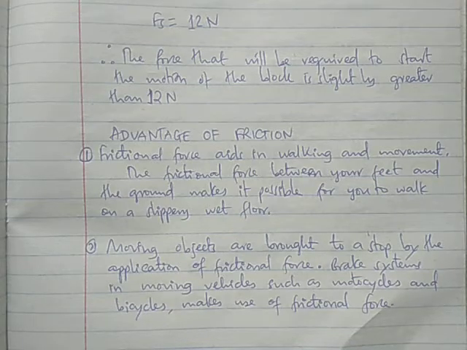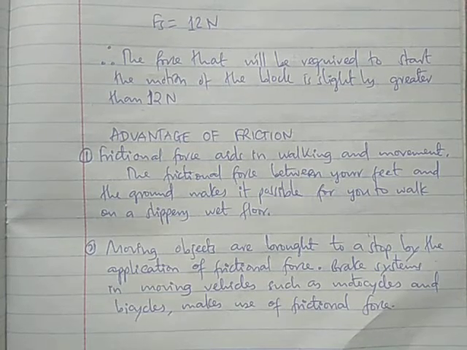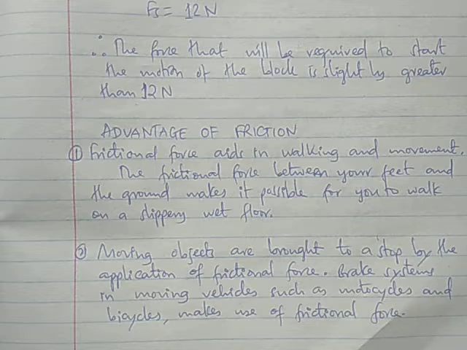In the high vehicles, some of them are using the hydraulic press system, so that doesn't much require friction. But in these lower vehicles, most of them are using a brake system, which is an application of friction.